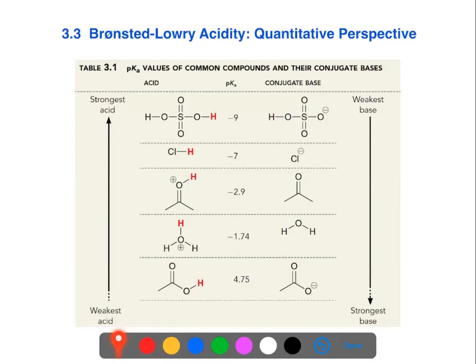These all have pKa values that are well below 0. And remember that pKa values being a log scale, when we look at a difference of 2, this represents a factor of 100. So we would say that sulfuric acid is 100 times stronger than HCl based on these pKa values.